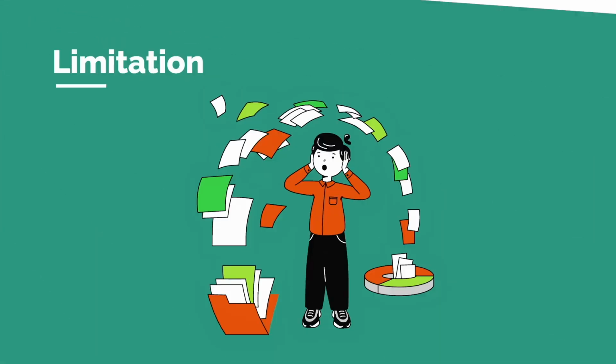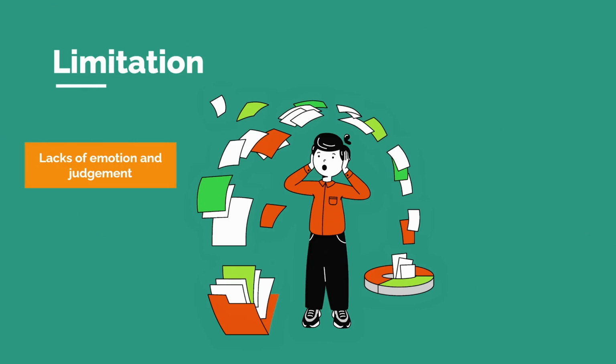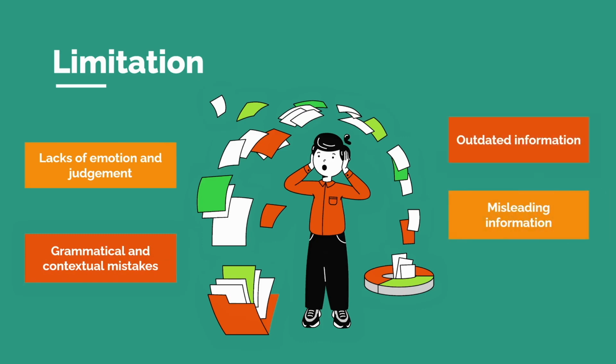However, it is also important to acknowledge limitations of ChatGPT. Their responses may lack emotions and judgment, or may contain grammatical and contextual errors due to the reliance on patterns and existing data. To ensure accuracy and reliability, users should be cautious of outdated, misleading, or fabricated information.